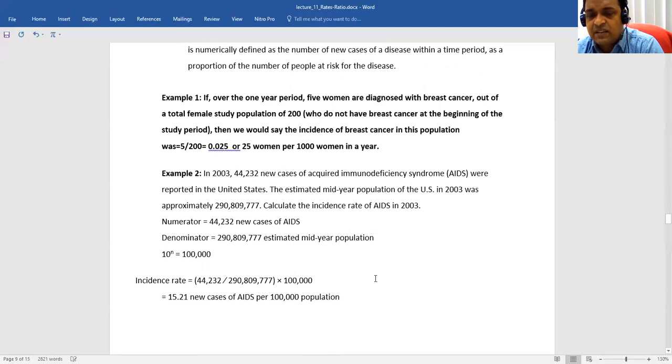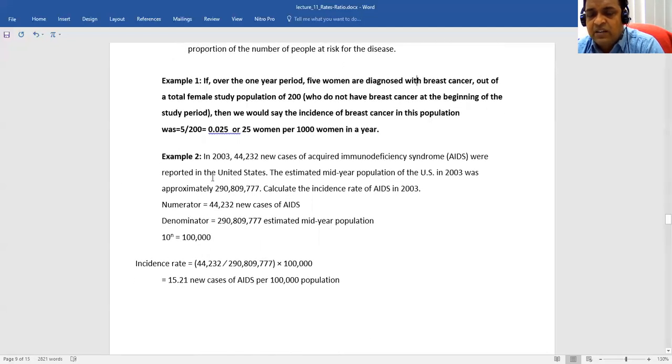Okay, let us see another example. In 2003, 44,232 new cases of acquired immunodeficiency syndrome, that is AIDS, were reported in the United States. At that time the population of the USA was about 290 million.